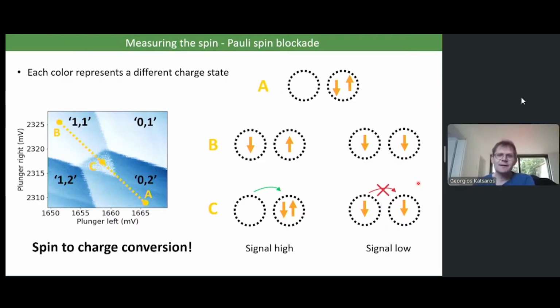So effectively, the way we detect the spin is by detecting whether a charge has tunneled, yes or not. If the charge has tunneled, we know that the two spins form a singlet state, while no tunneling has taken place, is that the two spins form a triplet state.